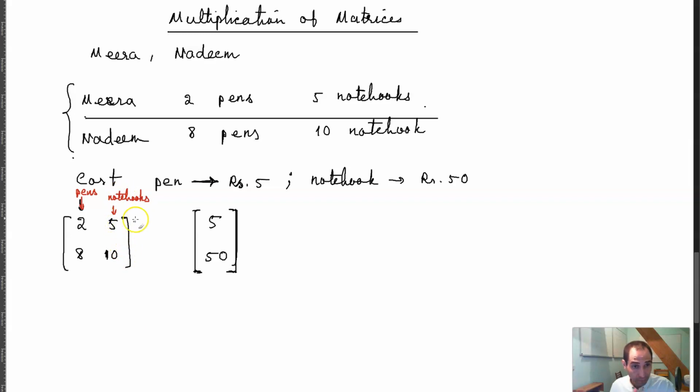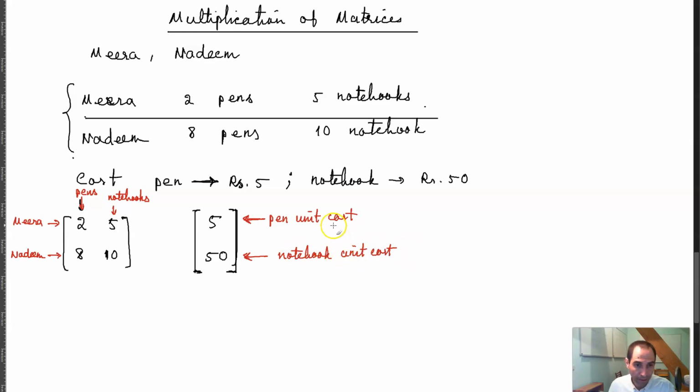And this row over here represents Mira, and this row represents Nadim. Now this row represents the pen unit cost. This represents the notebook unit cost, right?